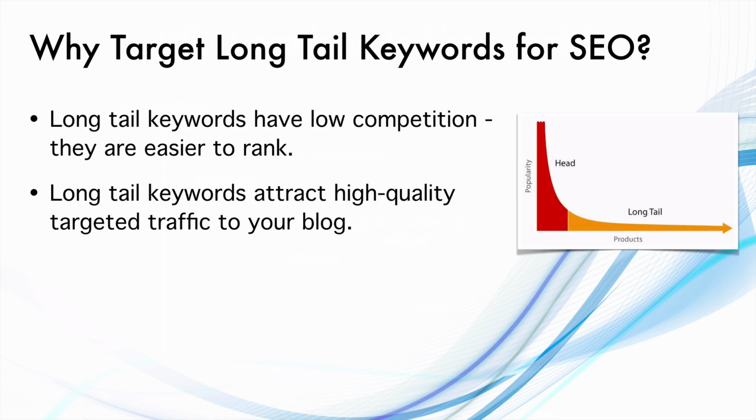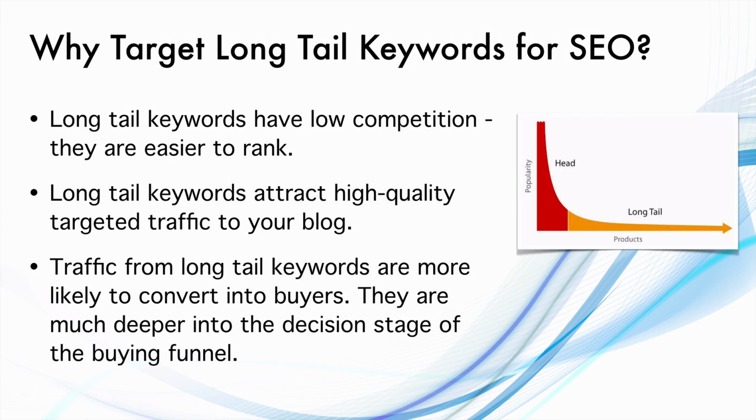Such specificity comes only when they are clear on what they want. That's why long tail keywords attract high quality targeted traffic to your blog. Traffic from long tail keywords is more likely to convert into buyers, and they are much deeper into the decision stage of the buying funnel, as we had just discussed.